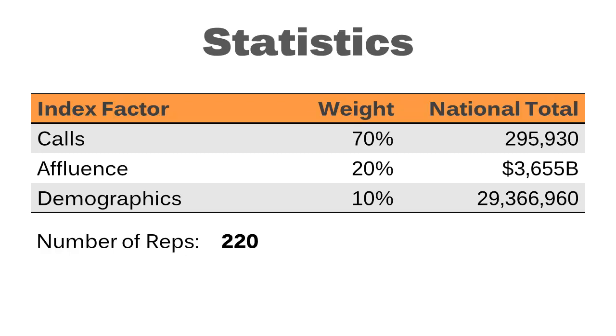Now that's an important aspect because the index changes depending upon the number of reps. So if you're going to do an index for 220, that will be different than an index for 300. When I say different, the index conversion factors will be different, and you'll see that the team size plays a part in the whole calculation.